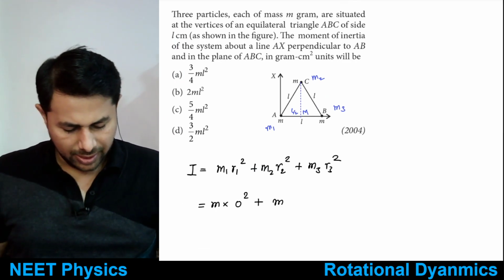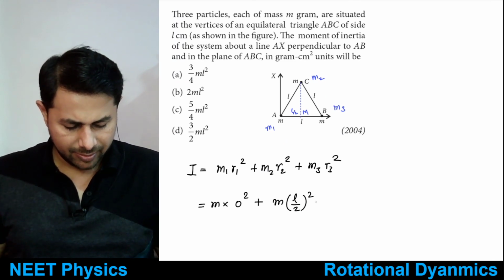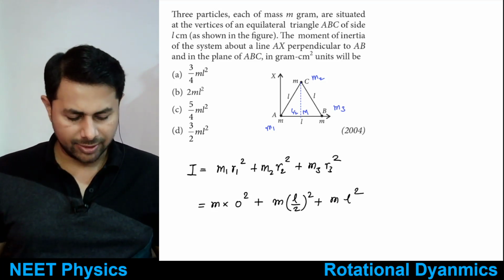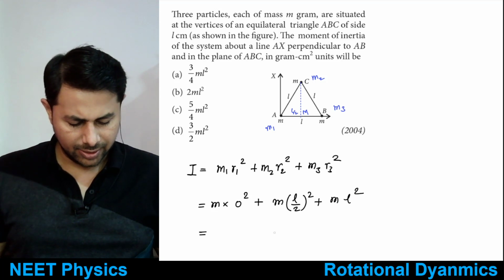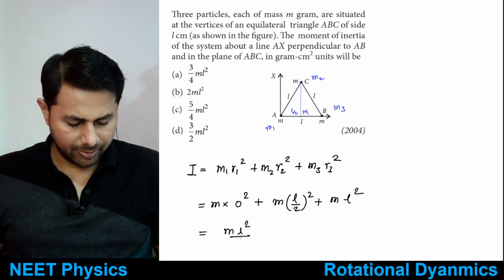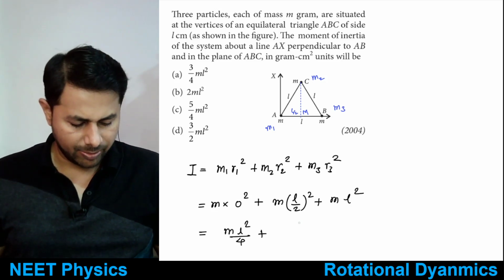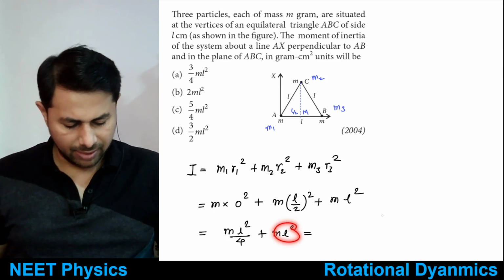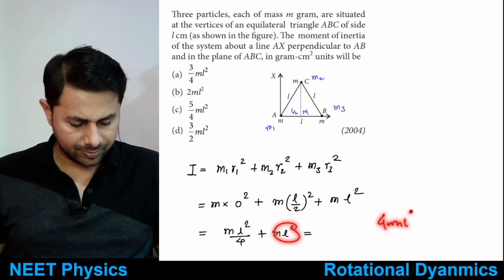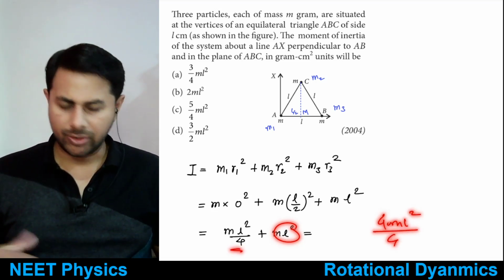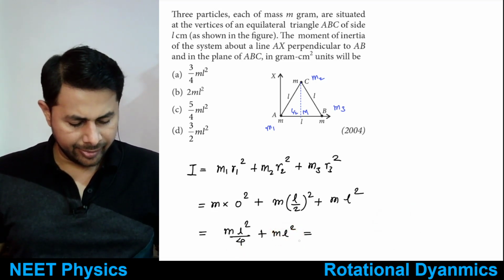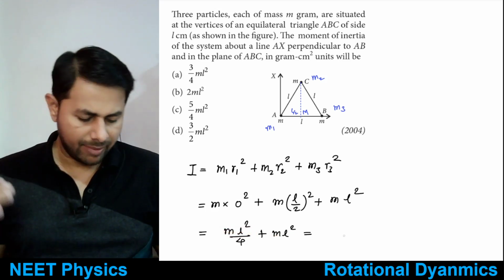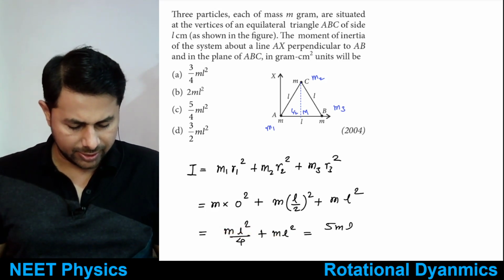So m multiplied by L by 2 square, plus the third mass, which is at a distance of L only, so m L square. L by 2 square is L square by 4, plus m L square. Writing this with the same denominator, m L square plus 4 m L square means 5 m L square, divided by 4 is the answer.